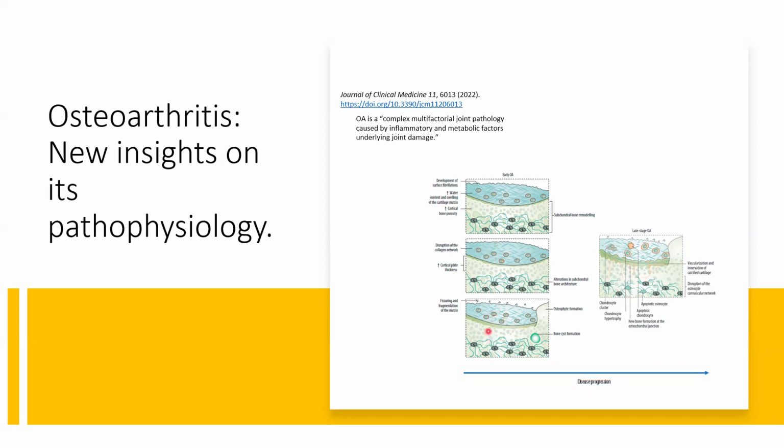As it progresses, you will see deeper fissures within the surface of the cartilage, the beginning of osteophytes, which are sort of growths of bone into the cartilage, up through the bone plate. And then eventually what you start to see is the chondrocytes, the cells that live within the collagen matrix of the cartilage, will begin to die off.